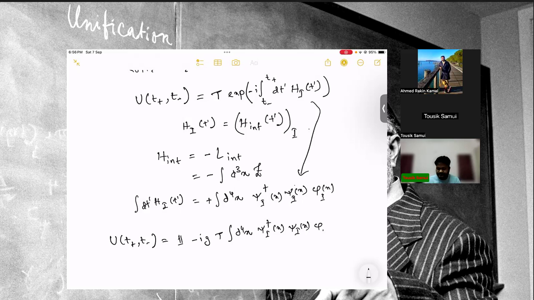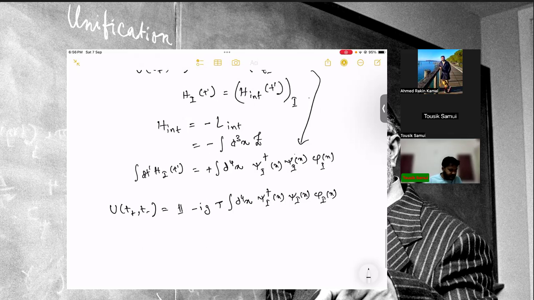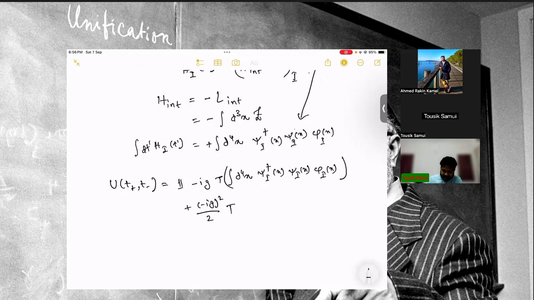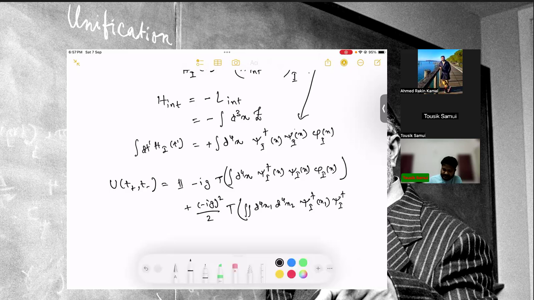and phi. So this will be our second term, and then the third term would of course be G squared over 2, time ordering, and then it will have two integrations d^4x1 d^4x2, let's say, and then psi_I dagger(x1) psi_I, not dagger here.